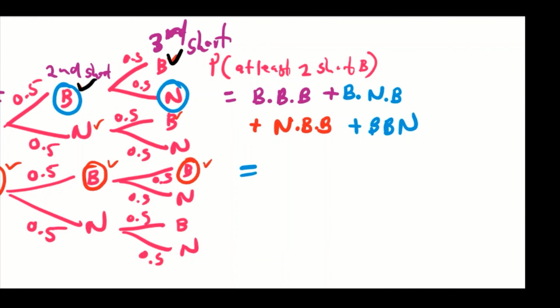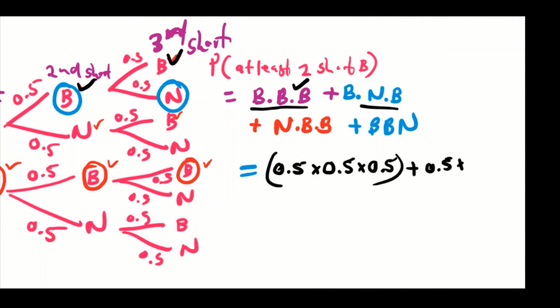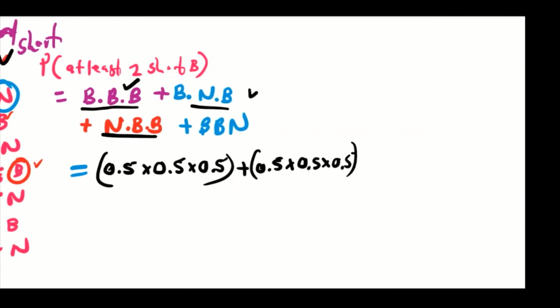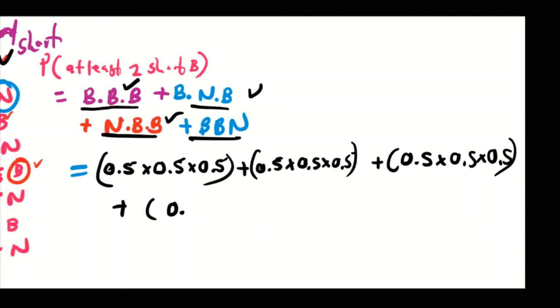Then to find the value of BBB, we know B is equal to 0.5, so it's going to be 0.5 multiplied by 0.5 multiplied by 0.5 for this one, and then plus 0.5 times 0.5 times 0.5 for this one here, and plus 0.5 times 0.5 times 0.5 for this one, and plus 0.5 times 0.5 times 0.5 for this one.